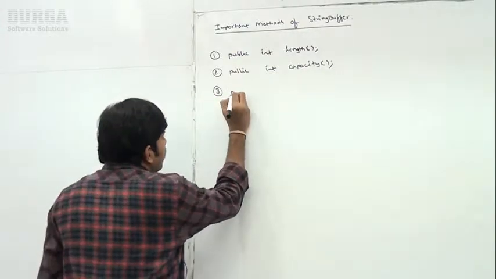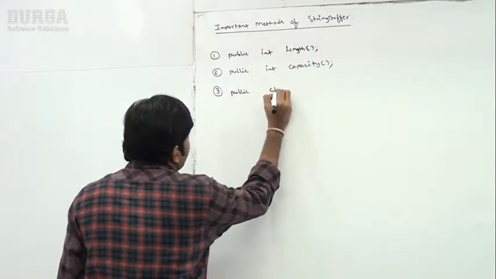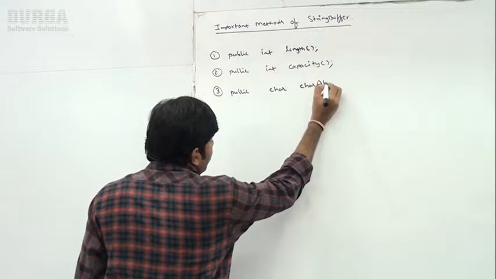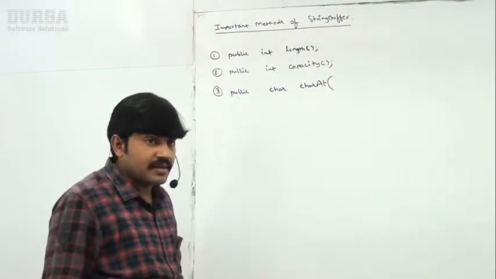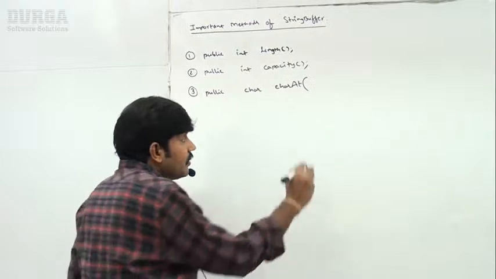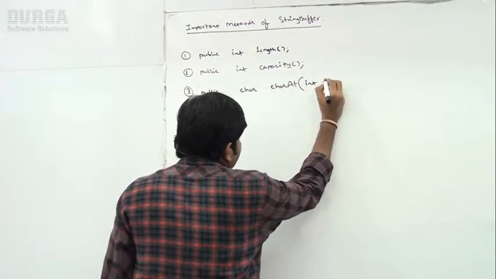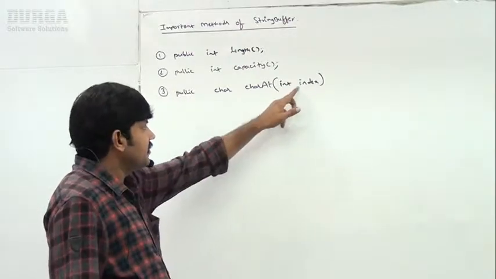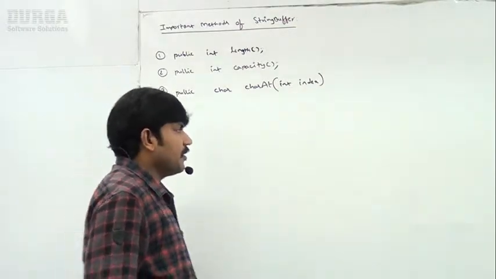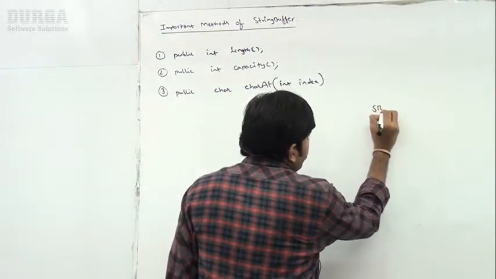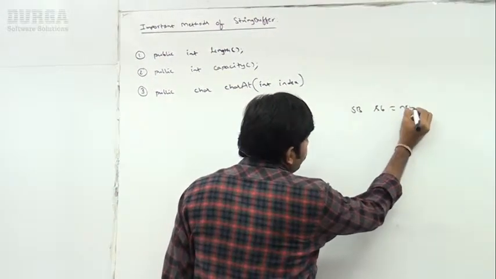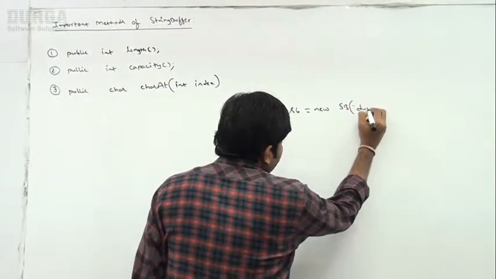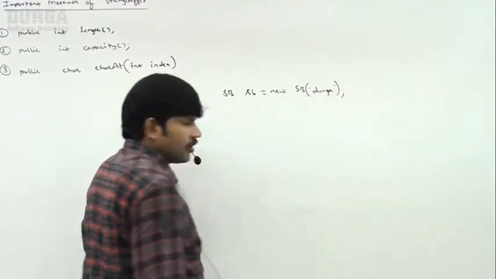Public char charAt(int index): the character at the specified index. Suppose I'm taking StringBuffer sb = new StringBuffer("Durga").